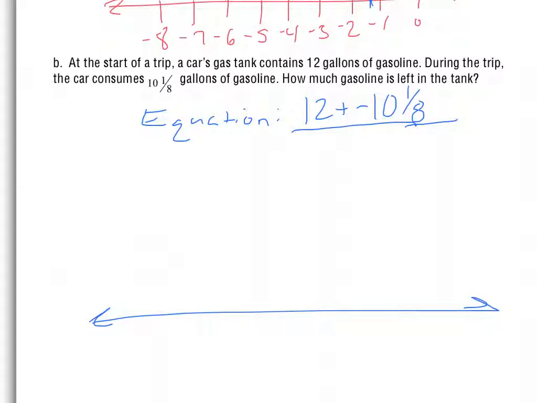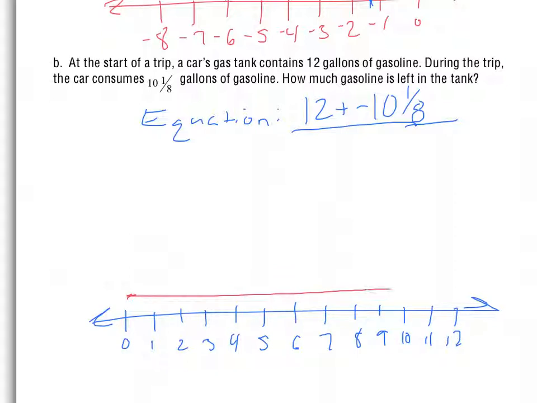Drawing this on a number line, again, I'm going to count by whole numbers. And so we're starting from 0, coming all the way out to having a positive 12.